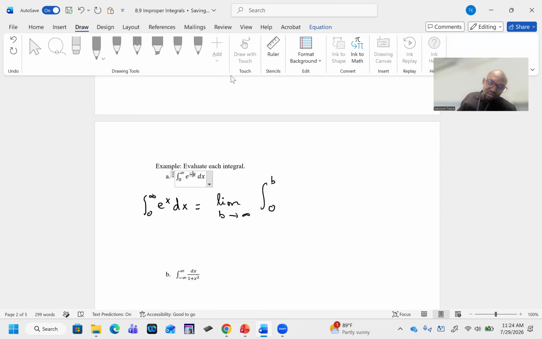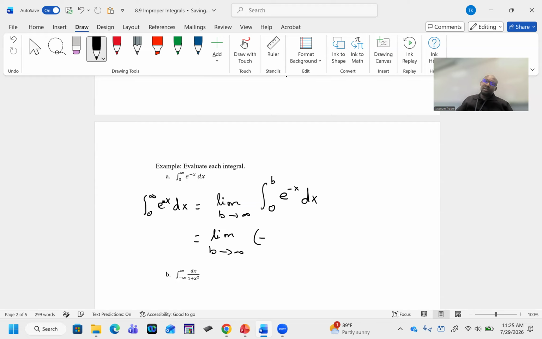You can do it with e to the power of x as well. So this will be the limit as b goes to infinity. The antiderivative of e to the power of negative x is negative e to the power of negative x, from 0 to b.